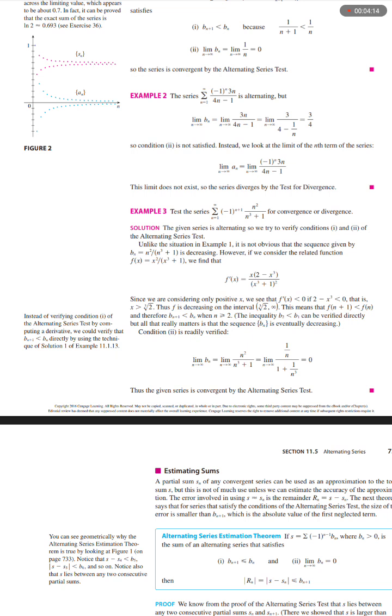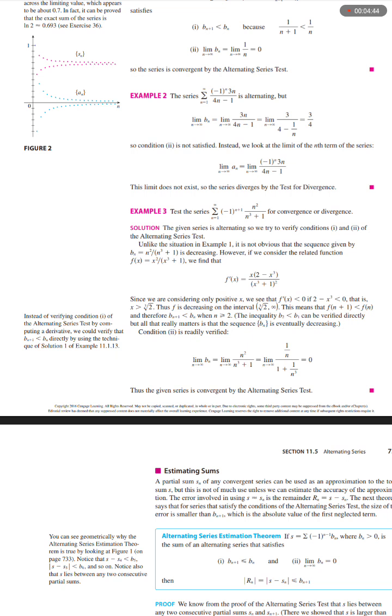However, if we consider the related function f of x equals x squared over x cubed plus 1, we find that f prime of x equals x(2 minus x cubed) over (x cubed plus 1) squared.